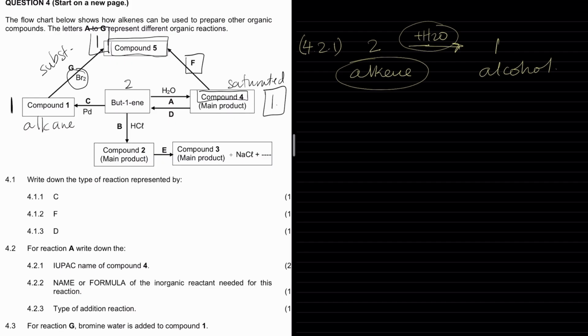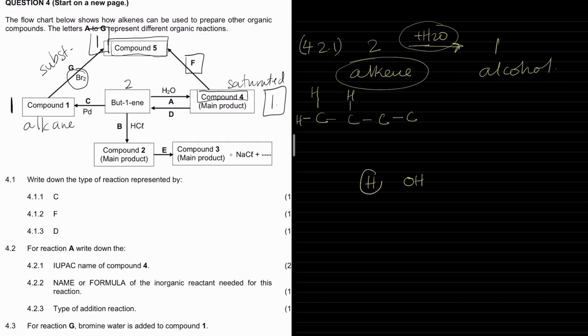So let's draw this alkene out. So but-1-ene, 1, 2, 3, 4. There's my double bond. During an addition reaction, the double bond will break. So that double bond will break. You're going to get two vacant spots now. So this has two hydrogens. This has one hydrogen. Now, when you are adding water, remember you are adding an H and you are adding an OH.